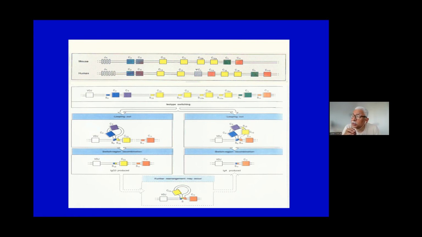Now this B cell, which is making IgM, is going to be stimulated in the lymph node with an antigen which binds IgM, and that antigen will induce stimulation of a transcription factor, and that transcription factor will bind to IgG3, to the signal sequence of IgG3. It's like the promoter of IgG3, right?